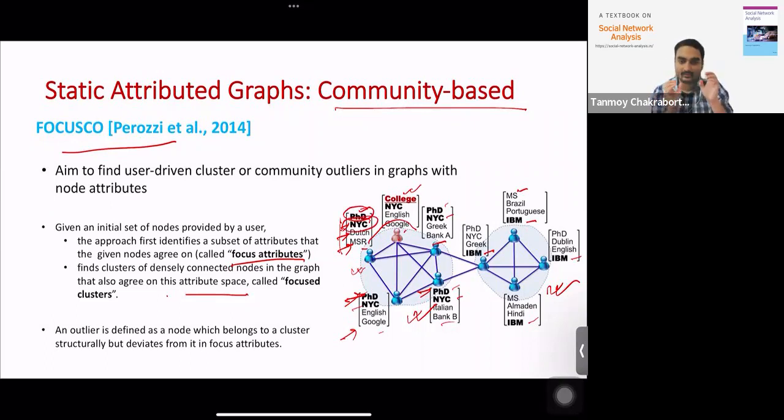So you identify clusters based on focus attributes, and then within a particular cluster, you look at entities which are different from other entities. An outlier is defined as a node which belongs to a cluster structurally, but deviates from it in the focused attribute. In this cluster, this node has the same structure as this node and this node. It's kind of a clique, but this is anomalous with respect to this attribute. Now how do you do that?